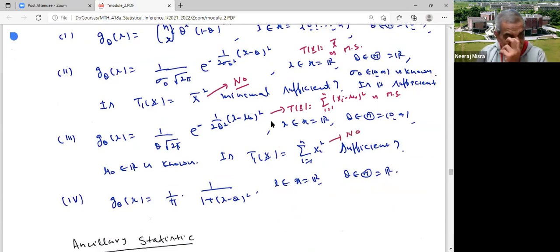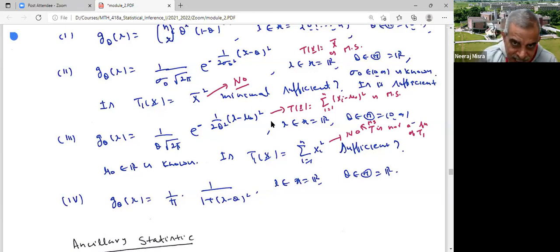Because if it was sufficient, then T(x) should be a function of T1(x). That means I should be able to get T(x) from summation x_i squared, which is not the case. T(x) is not a function of T1. A minimal sufficient statistic T is not a function of T1.